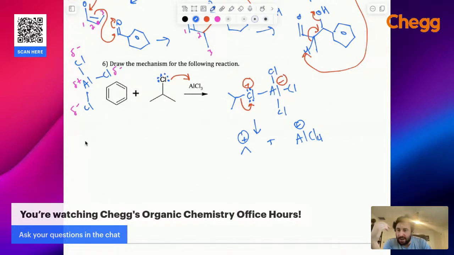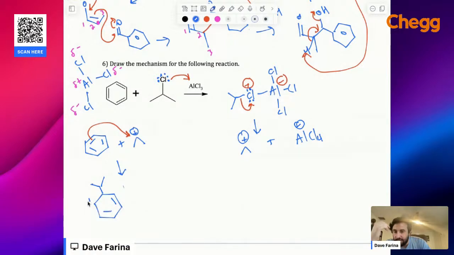So now we've got benzene, and we've got this cation here. So let's go ahead and attack, right? That pi bond is going to go and attack. So we've got, let's say it went like this, and now we've got a plus charge there.